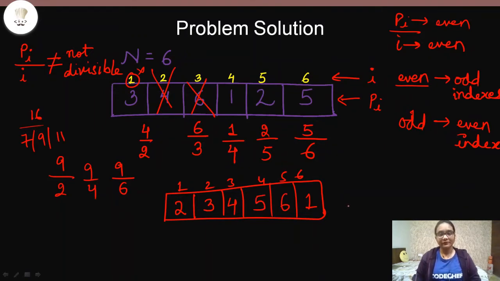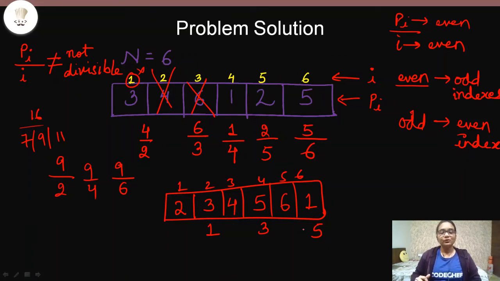So this is how you can form it. You can also place the odd numbers like 1, 3 and 5, which is absolutely fine. It is your choice. You can place any number at any place, that is not a problem, and the solution will not fail.